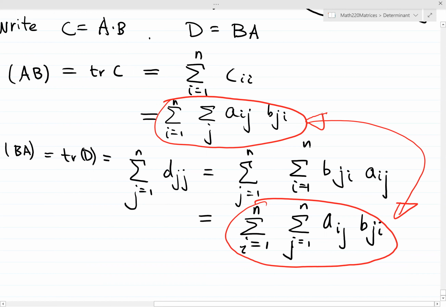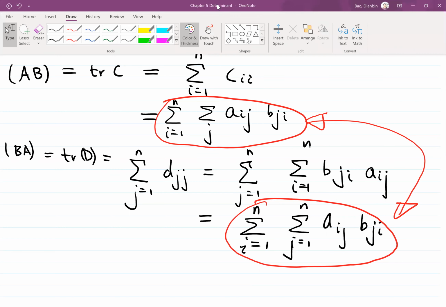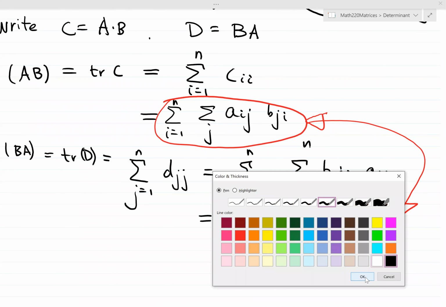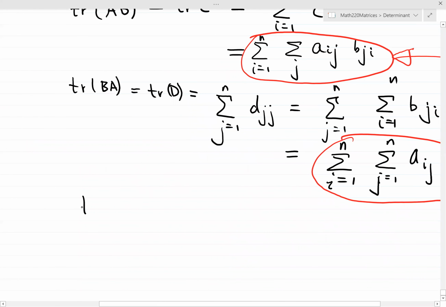They are exactly the same. So we are done. We get trace AB equal to trace BA.